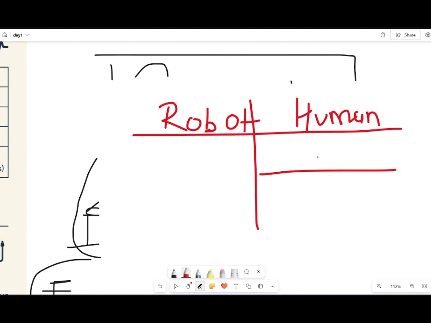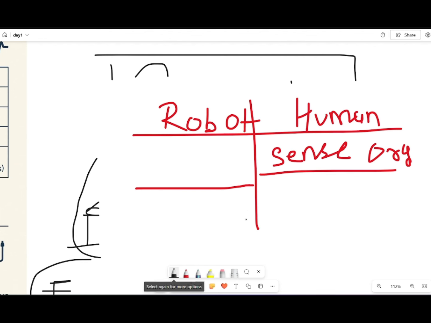Suppose we have sense organs; the robot also has some sense organs. What is the work of our sense organs? They sense the environment and then send the signal. We have five sense organs: our eyes, nose, ears, skin, and tongue. There are different works of all these sense organs.